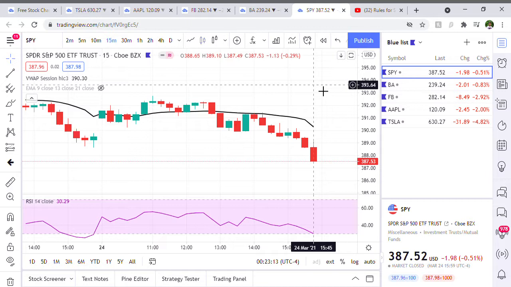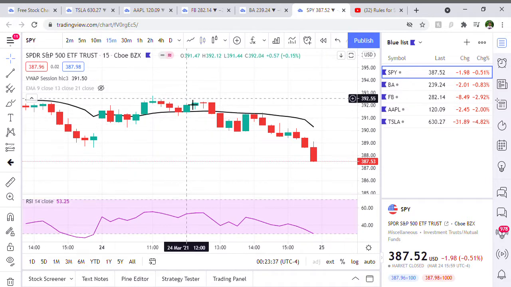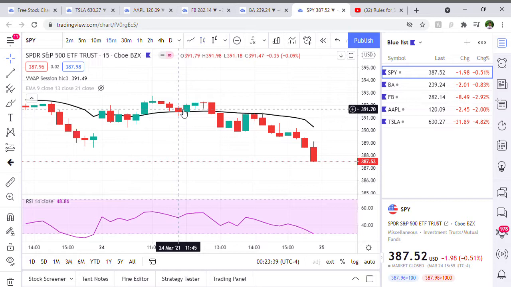You can see my line, 393.5. Till this line is crossed, I am not looking for a bullish trade because of the 2-hour chart consideration. There was a deep red candle. I will consider a bullish trend only if I go above that deep red candle of the 2-hour chart. I'm looking for a bearish candle, which should be a complete 15-minute candle below the VWAP.